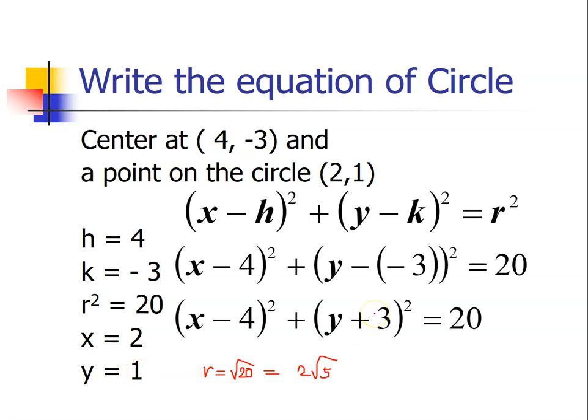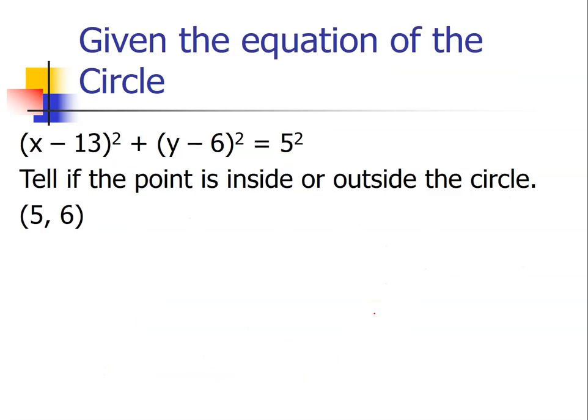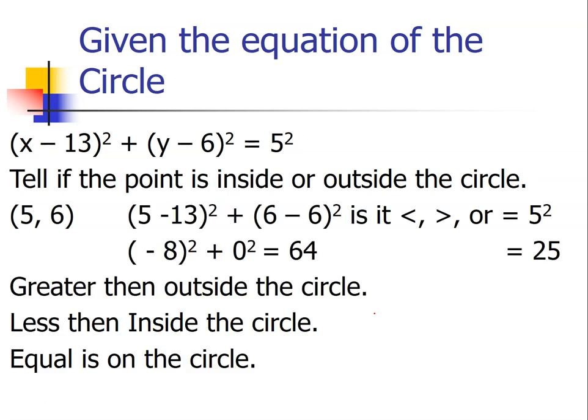Next, given the equation of the circle, (x minus 13) squared plus (y minus 6) squared equals 5 squared. Tell if the point is inside or outside the circle. How will we know? If it is greater, then it is outside the circle. If it is less, then it's inside the circle.